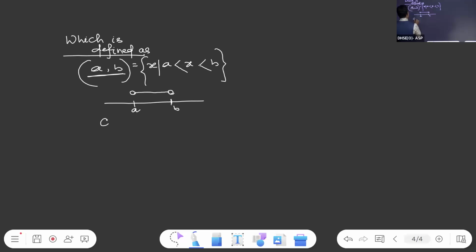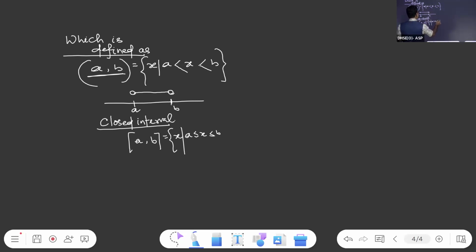Then come to the closed interval. The closed interval of a and b is denoted by this square bracket, which is defined as the set of all x such that a ≤ x ≤ b.